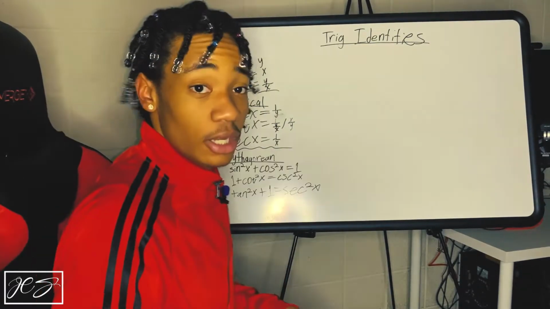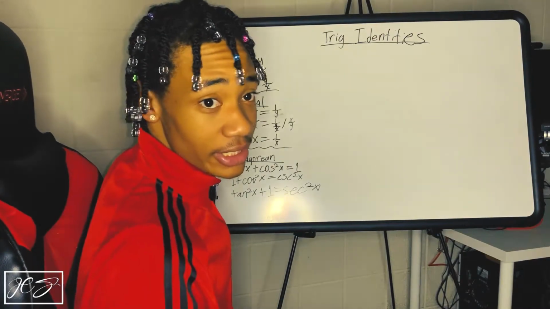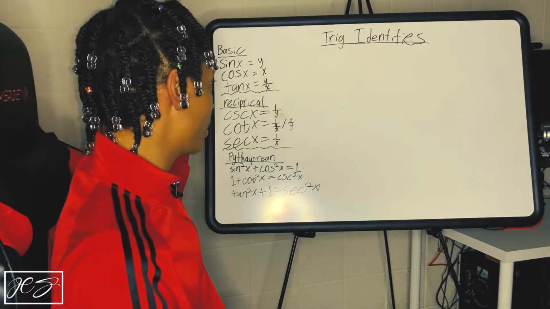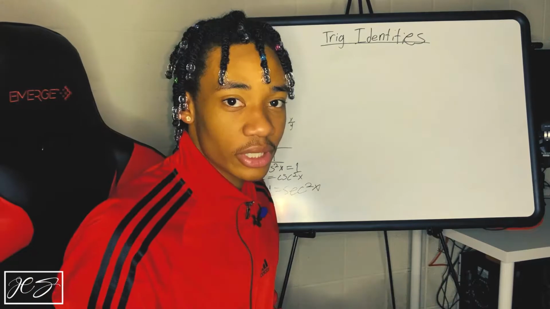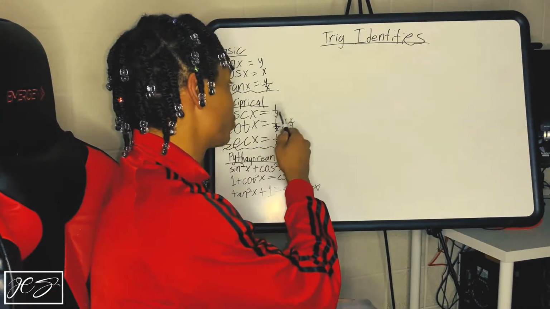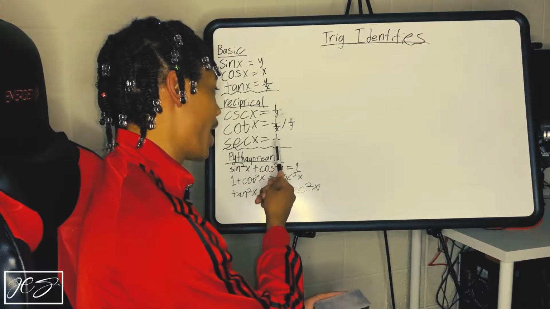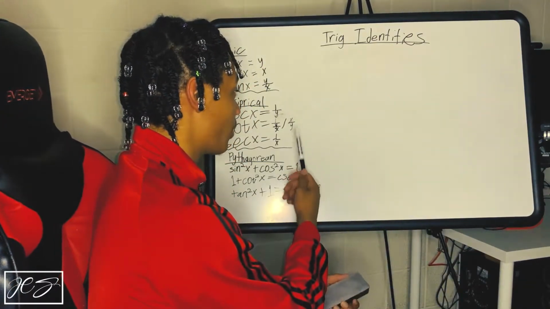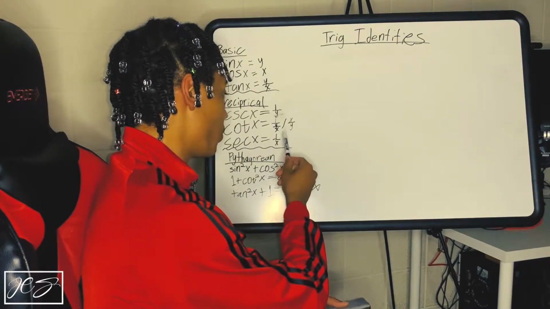Trig identities. Okay, so if we look here, we have our basic identities. We have sine, which equals y, cosine, which equals x, and tangent, which is y over x. And then you have the reciprocal identities, which are cosecant, which is 1 over y, cotangent, which is 1 over y over x, or if you flip that, you have x over y, and then you have secant, which is 1 over x.